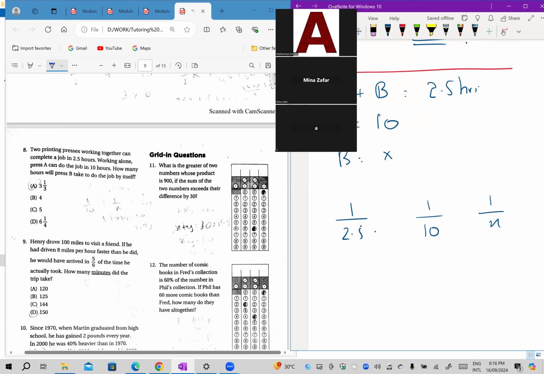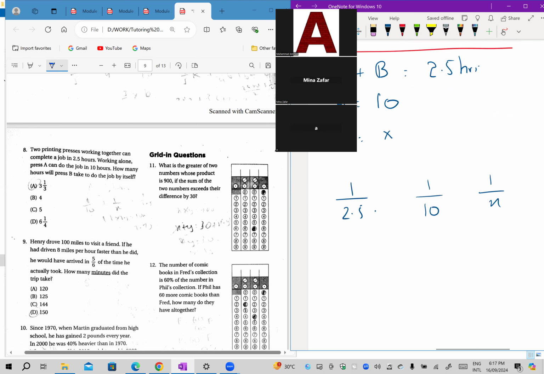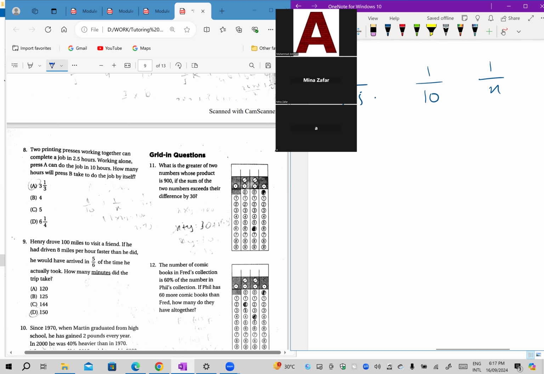How much time each of these will take if you quantize the time to just 1 hour. A very good approach to this is also given in the marking scheme of this question. If you read it carefully, they've given a very nice approach: you quantize all of these values.